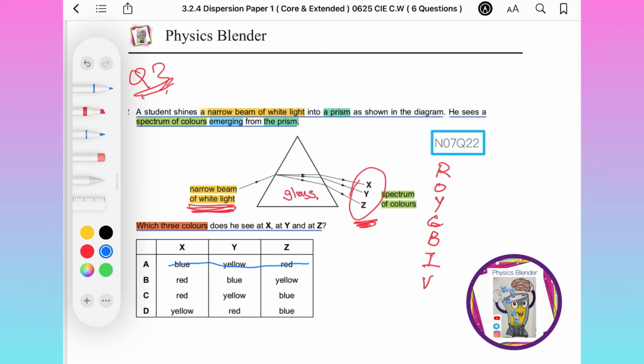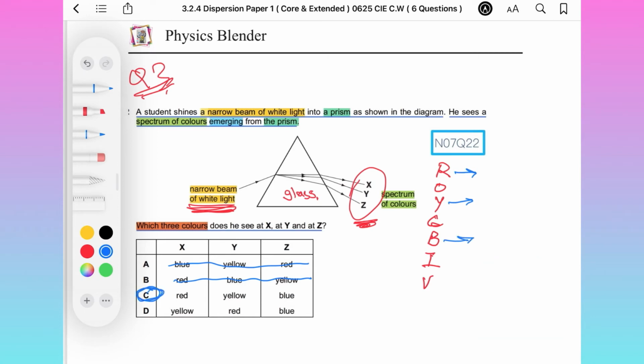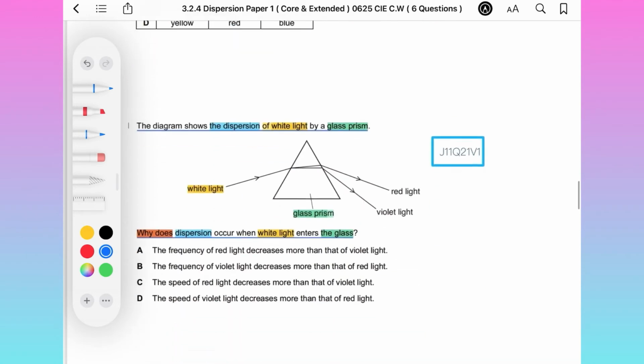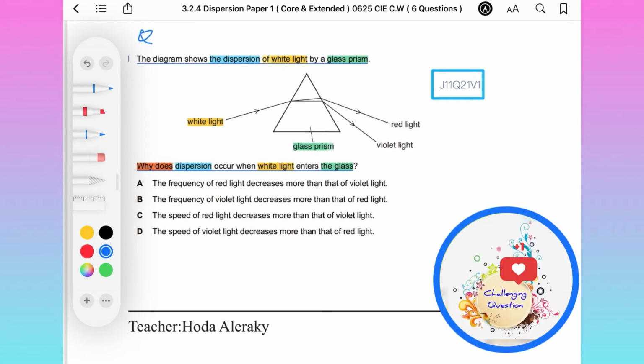Red, blue, yellow, no, this also is not correct. Red, yellow, and blue, so C is the correct choice. Is it clear? So take care, the correct order for the spectrum of colors emerging from the prism. Okay? Question number 4 is a challenging question.